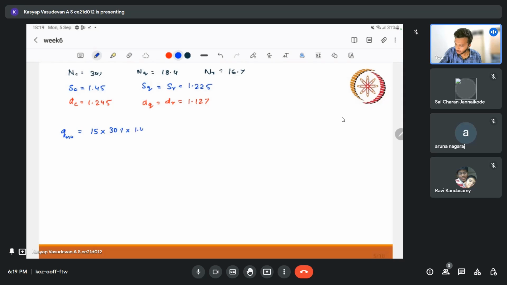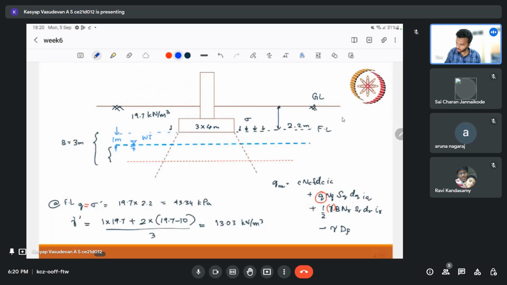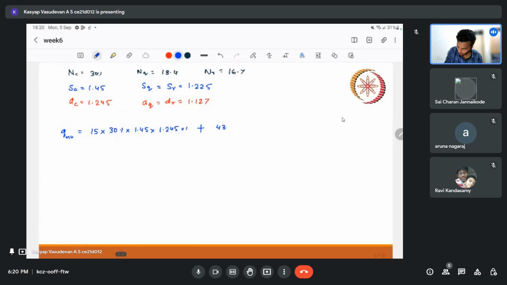Sc is 1.45, Dc is 1.245, Ic we can take as 1, plus next is q Nq. q was 43.34, into Nq is 18.4, Sq, Iq. Sq is 1.225, into Dq is 1.127 into 1.